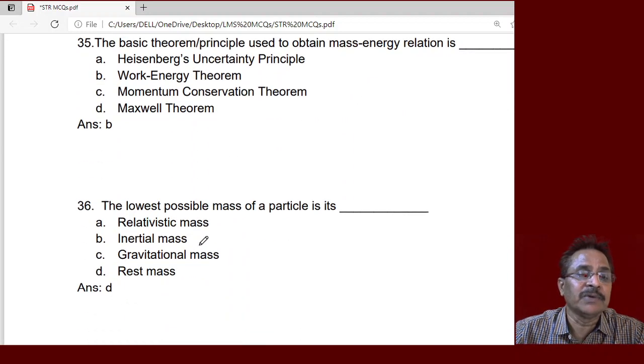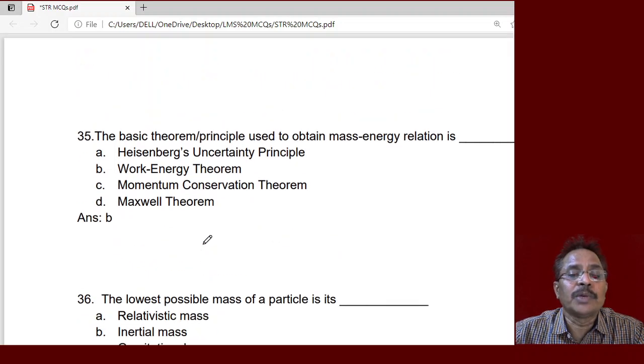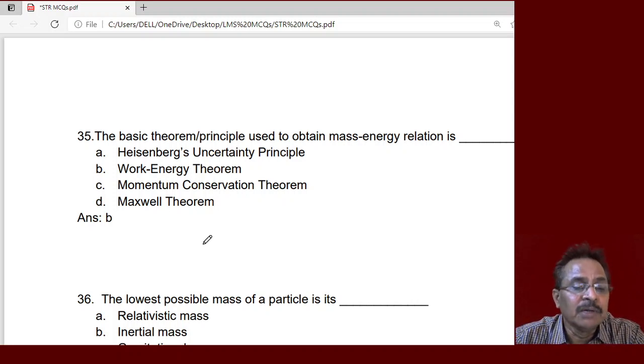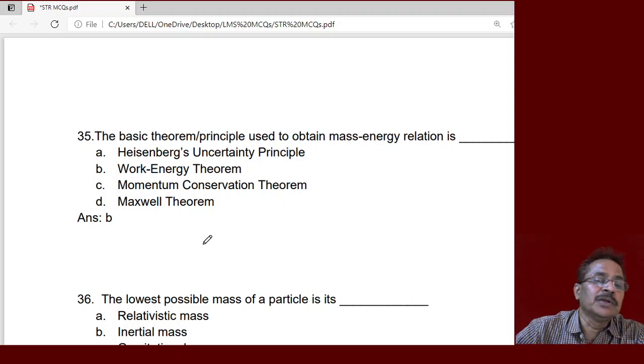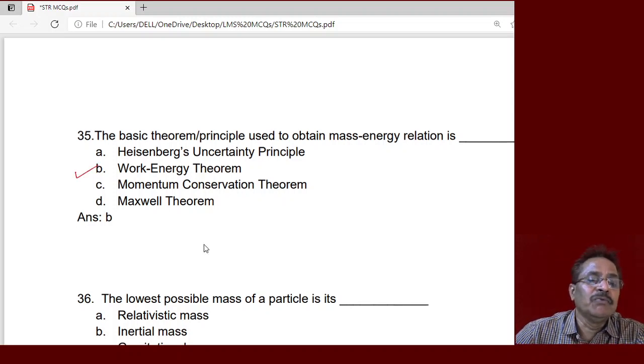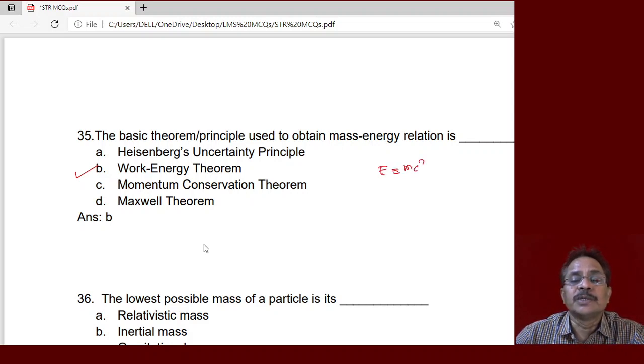Then question number 35. The basic theorem or principle used to obtain the mass energy relation is: Heisenberg uncertainty principle, work energy theorem, momentum conservation theorem, or Maxwell theorem. Out of that we get the work energy theorem. If you remember, the expression E = mc² can be obtained by taking the work energy theorem.